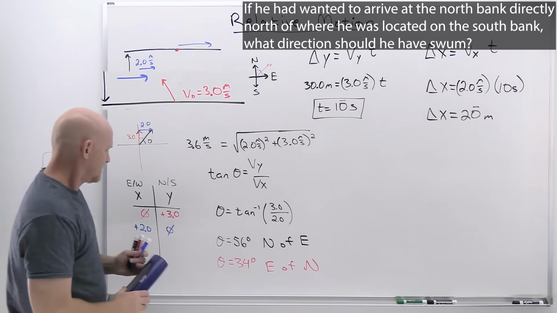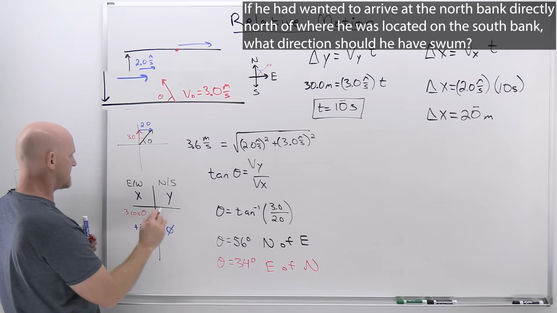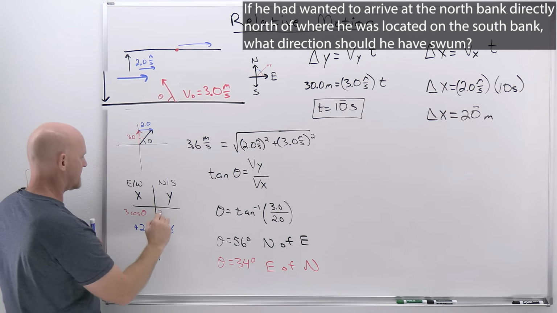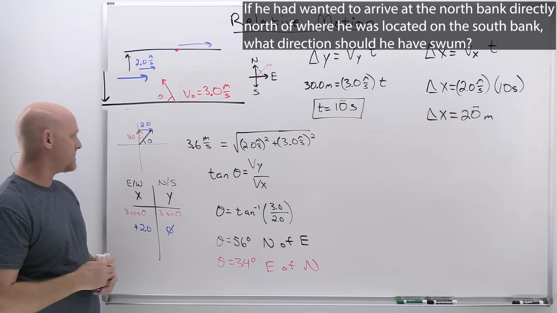And if we define this angle, again, relative to the x-axis and just call that theta, then we might call the x component 3 meters per second cosine theta, and the y is 3 meters per second sine of theta. Cool, the question is really what angle you need to head to make this happen.